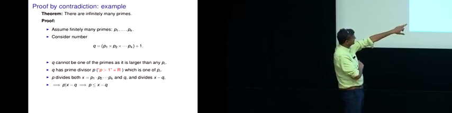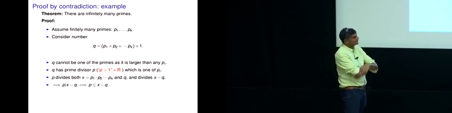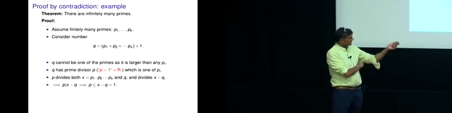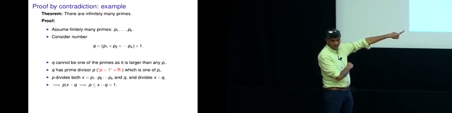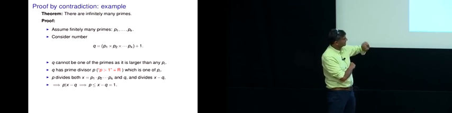So p must be smaller in absolute value than q minus x. What is q minus x? I apologize, it should be q minus x, and that is 1. If q is x plus 1, then q minus x is 1.